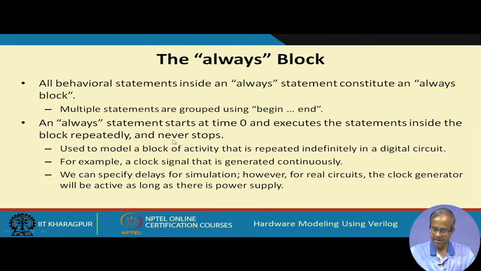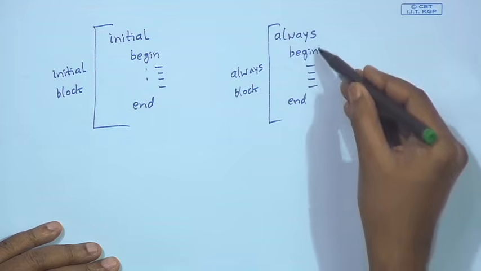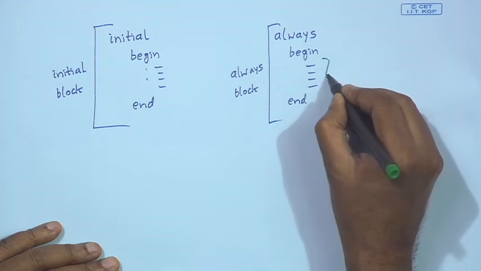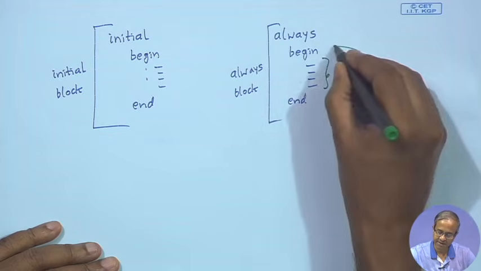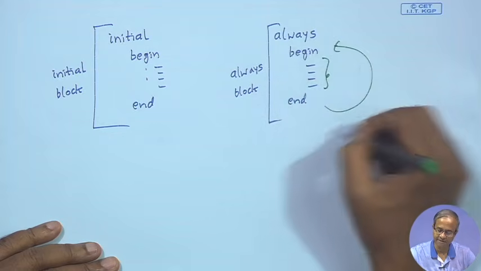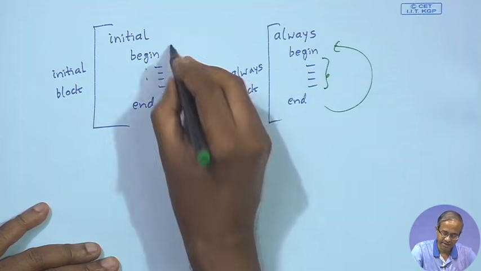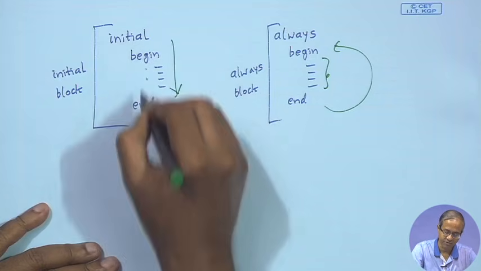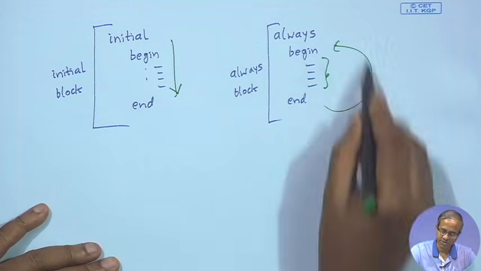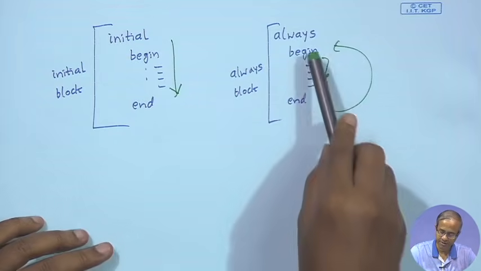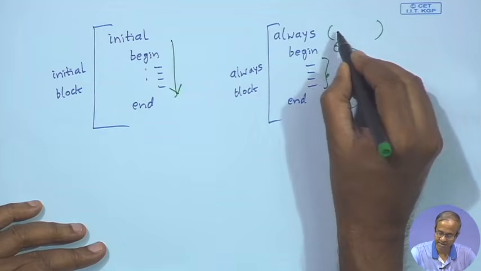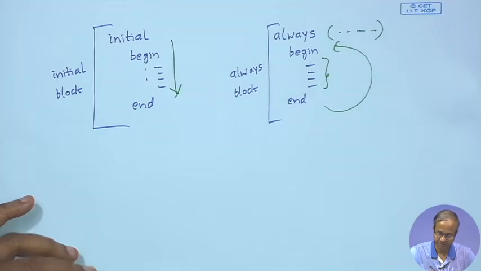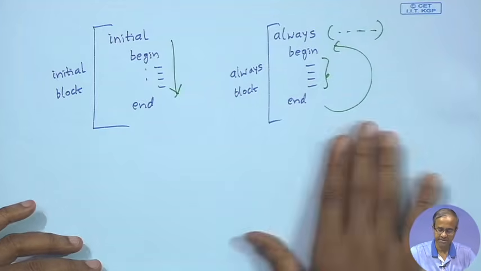What I mean is that inside this always block, I have this begin end statement, and there can be several statements here. These statements are executed repeatedly in an infinite loop kind of a thing, and it never stops. Initial executes only once, it executes once and stops, but always will never stop, it will execute the block repeatedly in response to some event condition that I will mention very shortly. Okay? This is the difference.